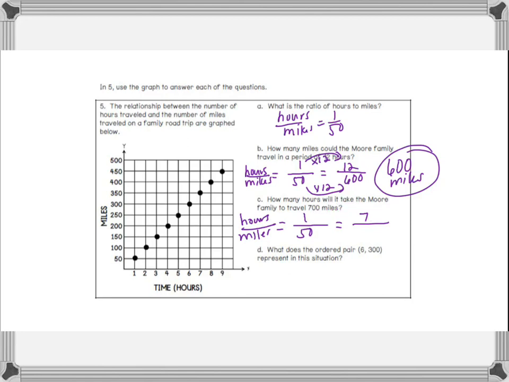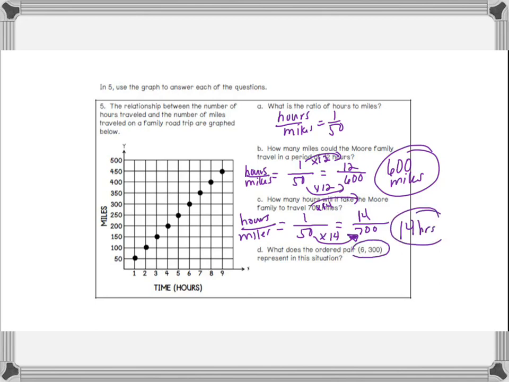We're not traveling 700 hours, we're traveling 700 miles. Got to be careful. That's why those labeling ratios help, because even I can make a mistake and get things mixed up. So we want to be careful. So 50 times what number is going to be 700? Well, it's times 14. So then 1 times 14 is 14. So we know it's going to take them a total of 14 hours.